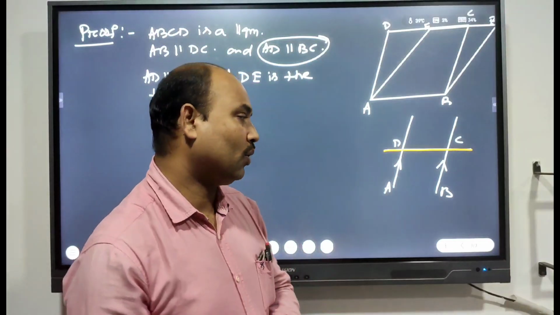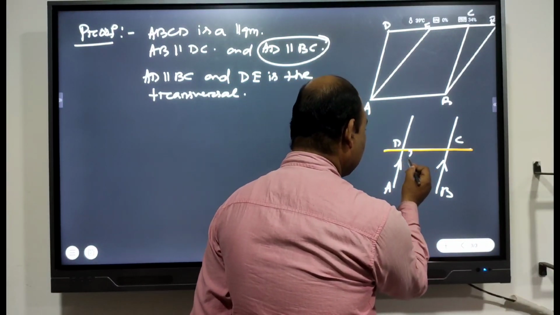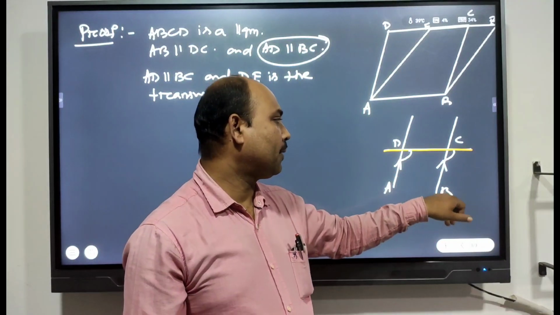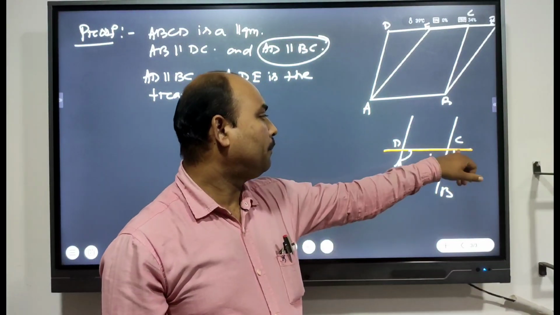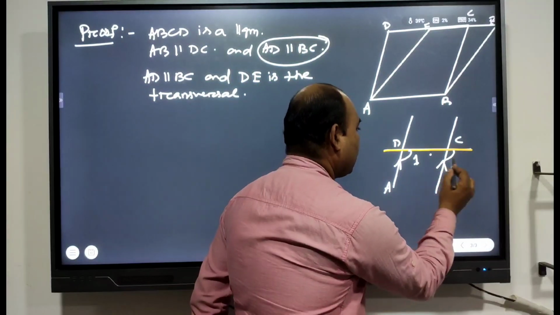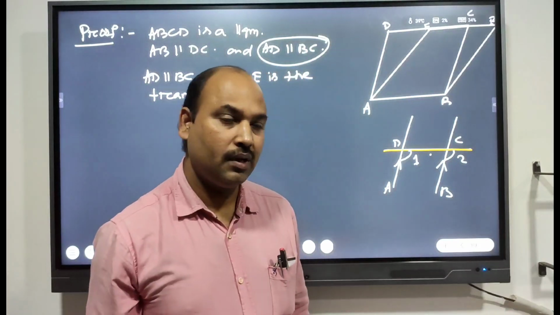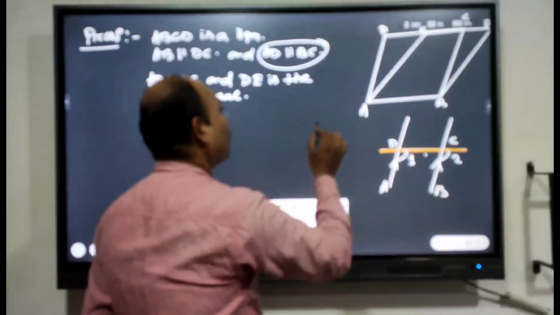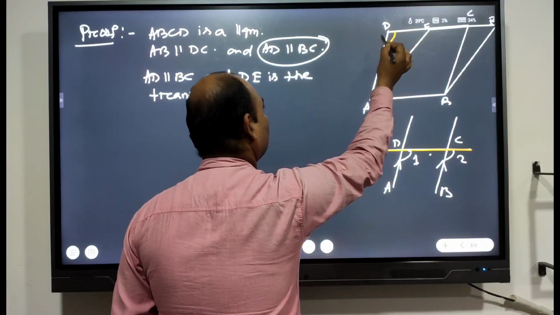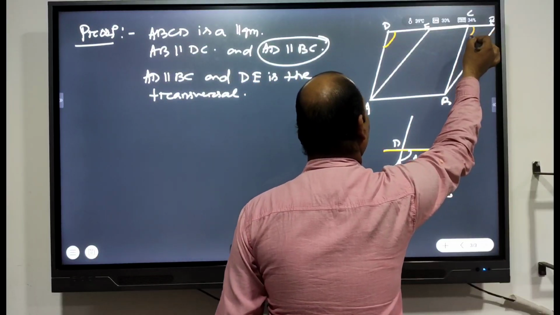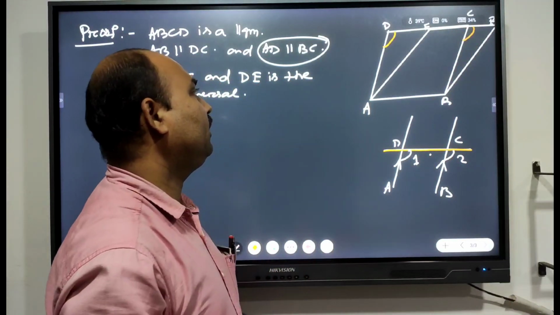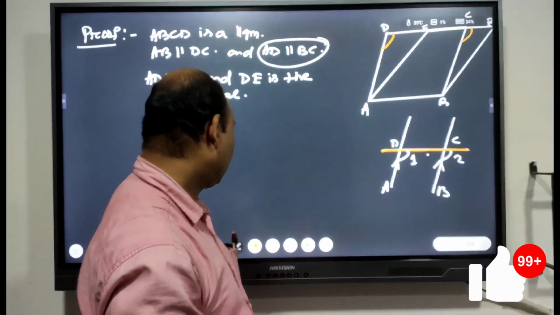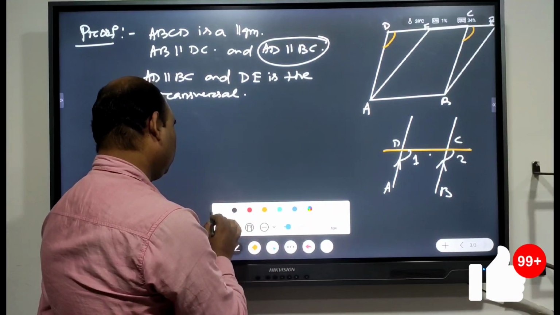It means this angle and this angle are equal. Like that, in our figure, the ADF angle and BCE angle are equal. That part we will write first.